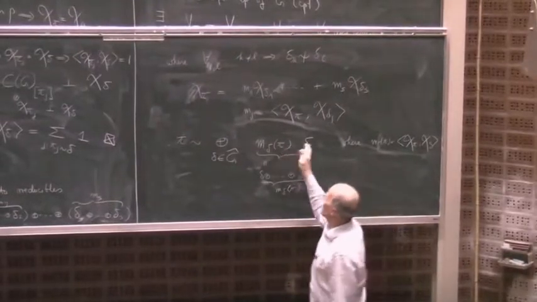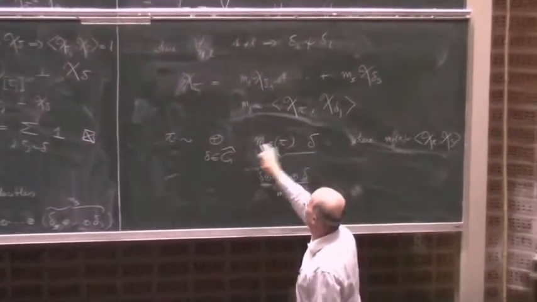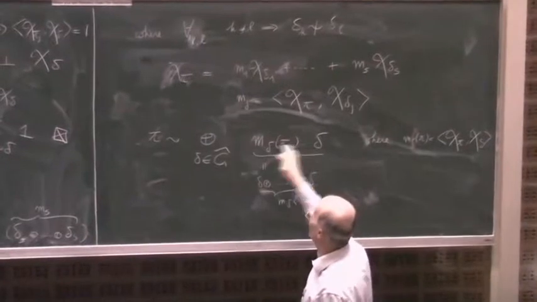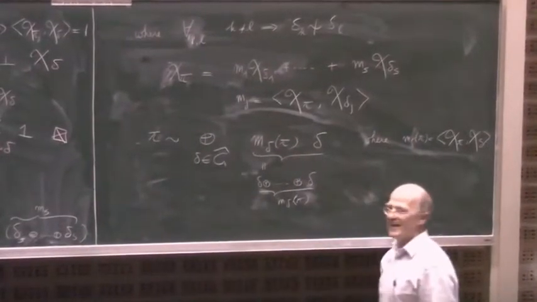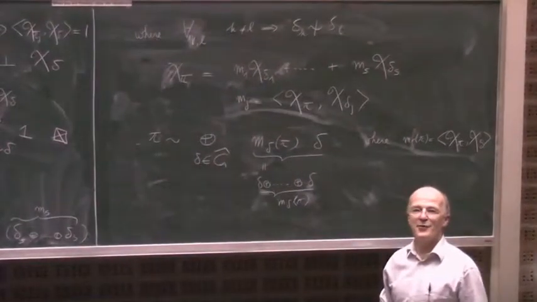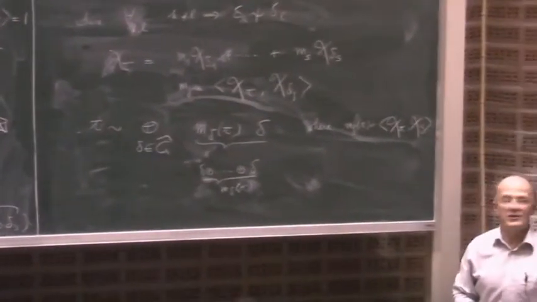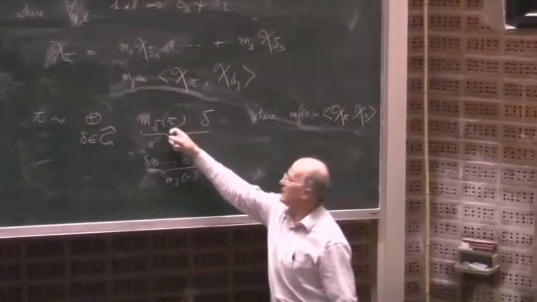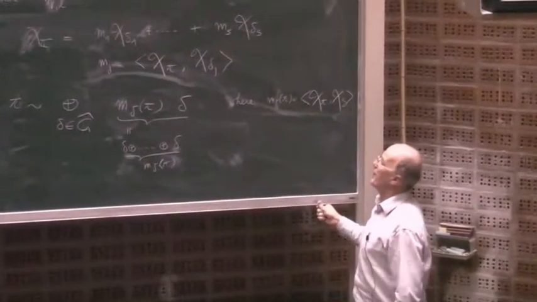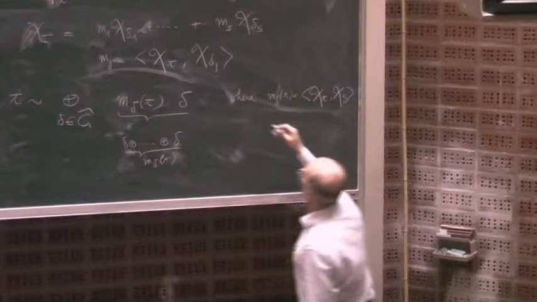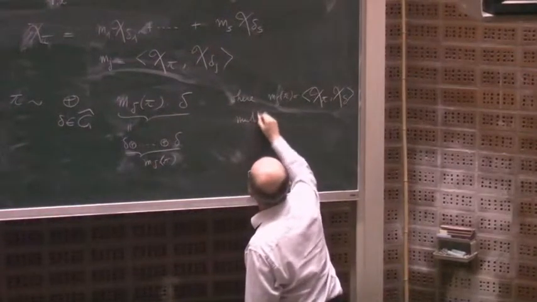And then of course this direct sum should be read as just the direct sum over those finitely many irreducible representations for which the multiplicity is non-zero. But this is called the multiplicity for obvious reasons.